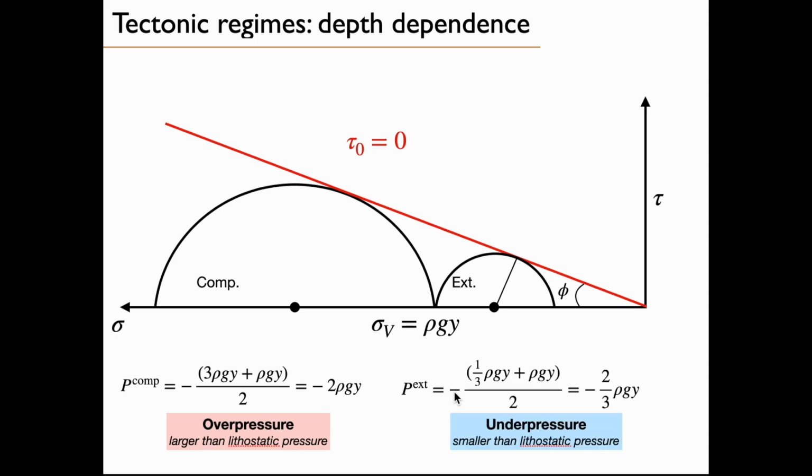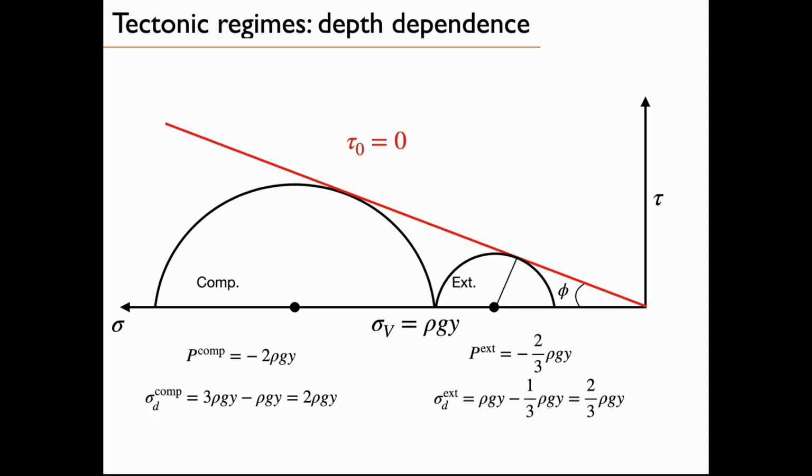Now in extension, we can compute the pressure also. It's 1/2 of the two values. Sigma 2 is 1/3 of rho gy, and the other stress is rho gy divided by 2. That makes minus 2/3 of rho gy. So here in extension we have an under pressure. The pressure predicted here is smaller than the lithostatic pressure.